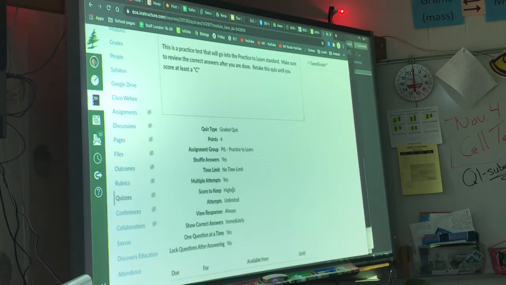And one of the things that I'm asking you to do is if you do not get at least a C, then to take it again. And you can say, how do I know if I got a C? Well, it's out of 4 points. We're on a 4-point scale, so 2 out of 4 is a C. You are more than welcome to take it until you get an A. That's up to you, but I'm asking you to get at least a C on it. And it will be good preparation for your test on Wednesday or Thursday.